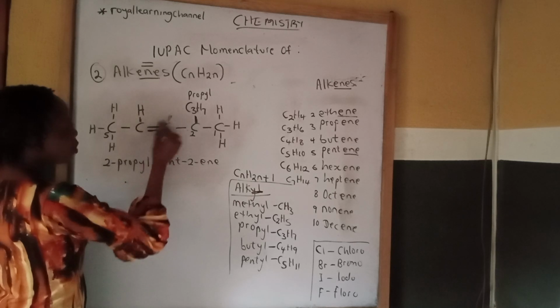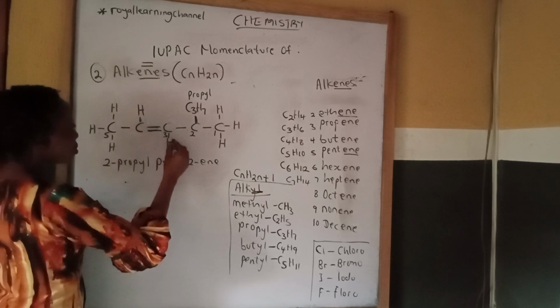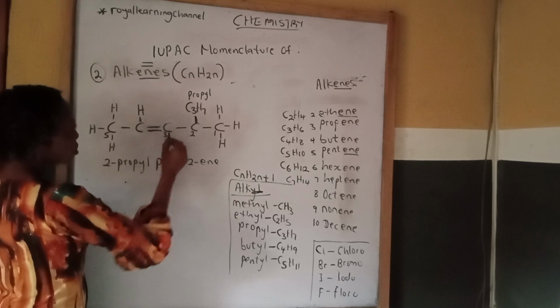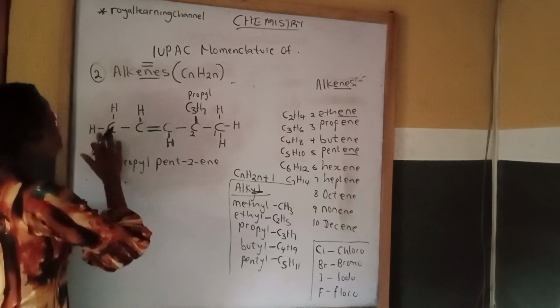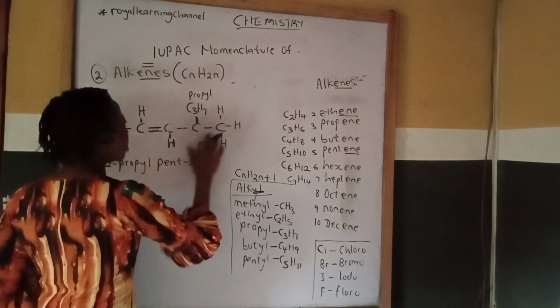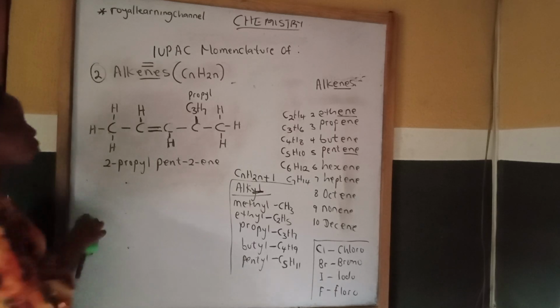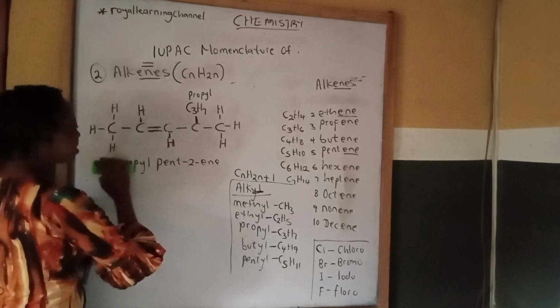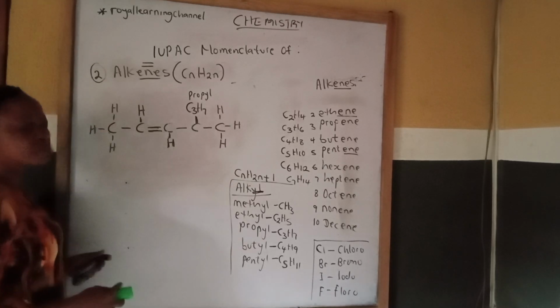Don't forget that each carbon atom must be surrounded by 4 chemical bonds. 1, 2, 3, 4. So this one is complete, and likewise this one is complete. Now, let's look at this structure. What did I do here? I just changed the position of the double bond. So the name will never remain the same.